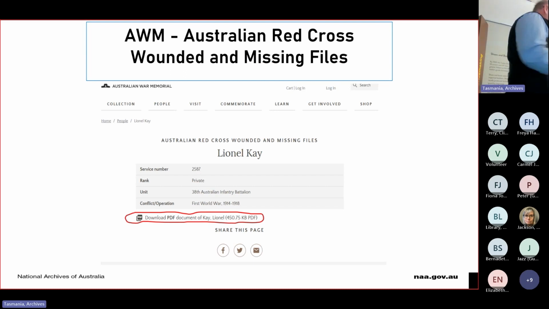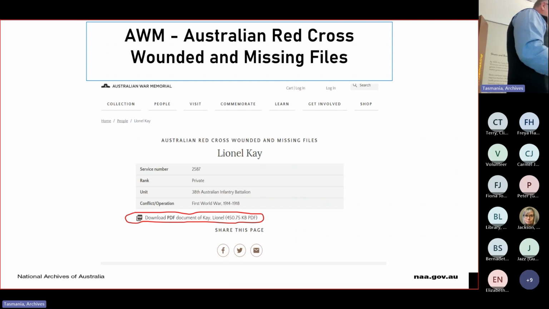This is another way of finding out a bit more about the events of when the soldier was killed or wounded. The Red Cross conducted investigations. It was initially the British Red Cross, but they also got help from similar institutions from other countries. You can search this on the War Memorial by name.